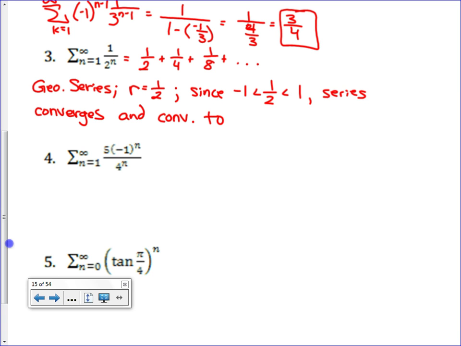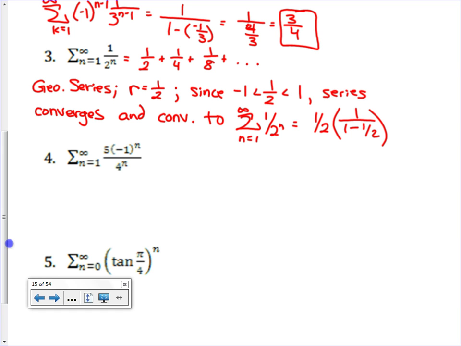what would S sub n? What would S sub infinity? What would the sum equal? The formula is a1 times 1/(1 minus r). It can be a1 over, or it can be a1 times 1/(1 minus r).